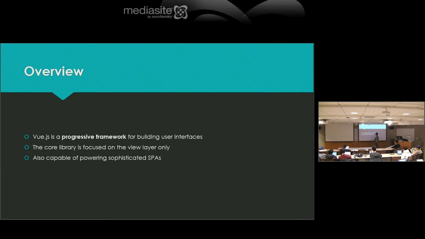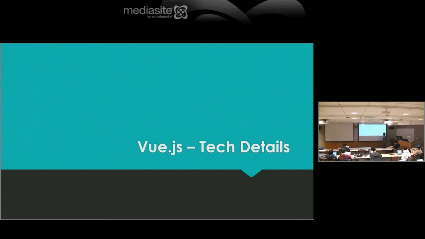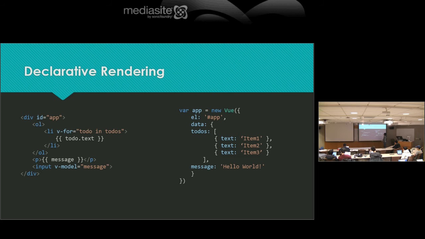It's similar to Angular and React, but it's relatively lightweight and it's a progressive framework, which means you can either use it as a modern substitute for jQuery, like a JavaScript library, or you can also scale up using the routing features to build a single page application.